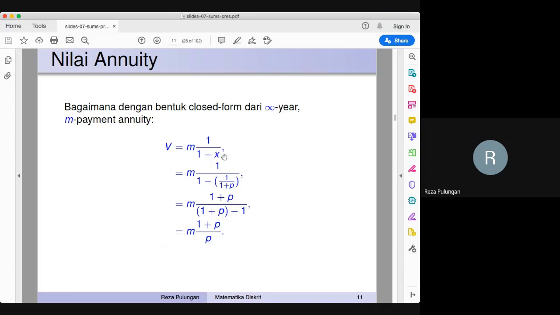You just have to substitute x by 1 divided by 1 plus p, and the final result is m multiplied by 1 plus p divided by p. Even for infinity, we are able to solve this in a closed form solution. Okay, now let's try to compute this.